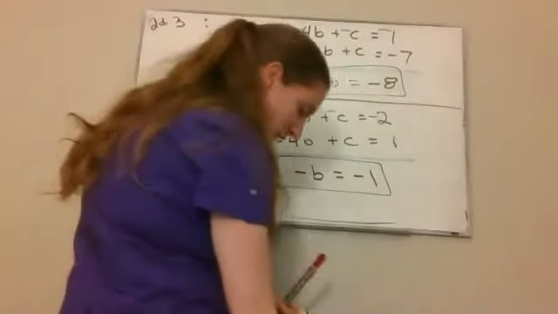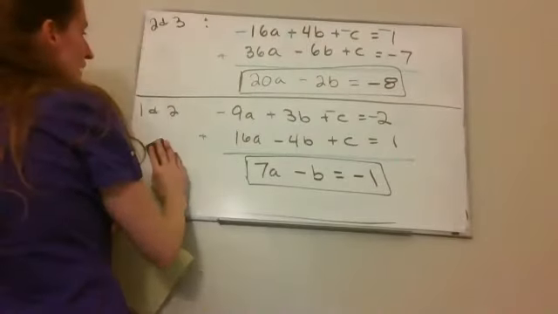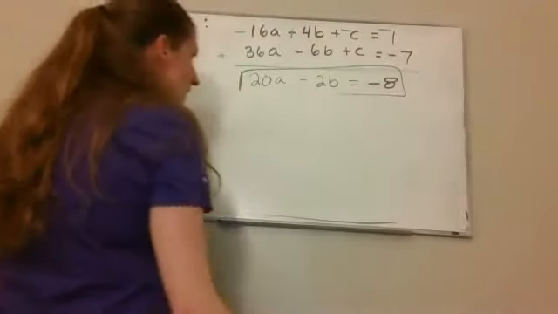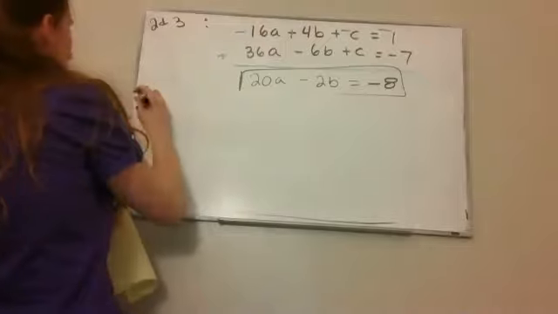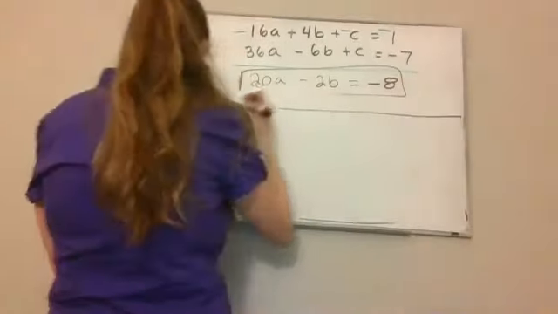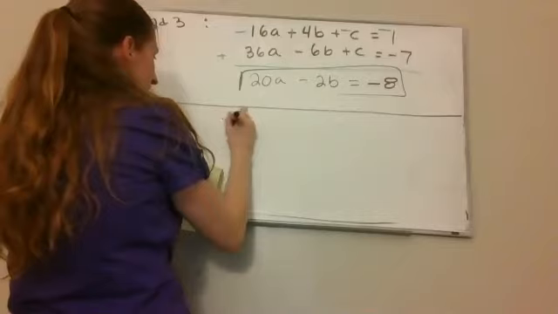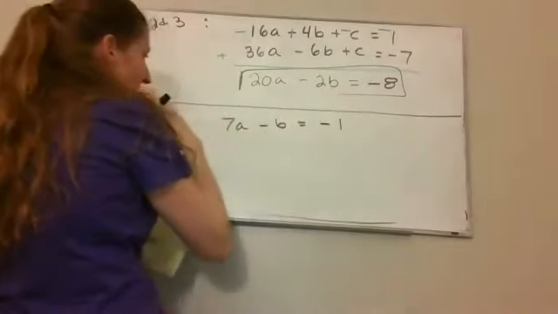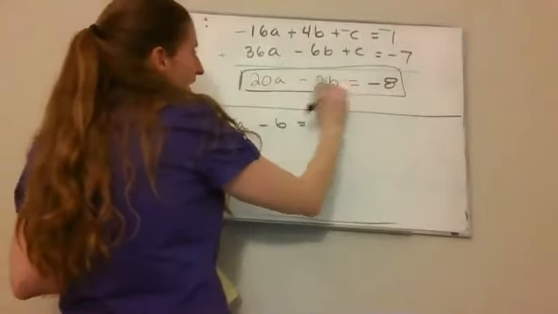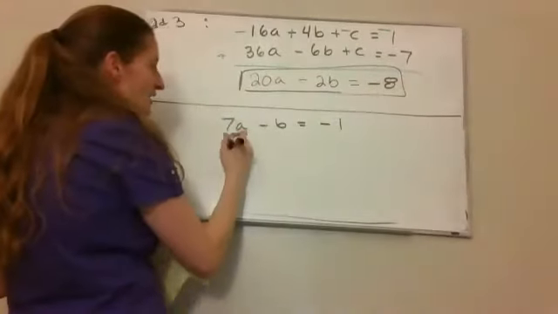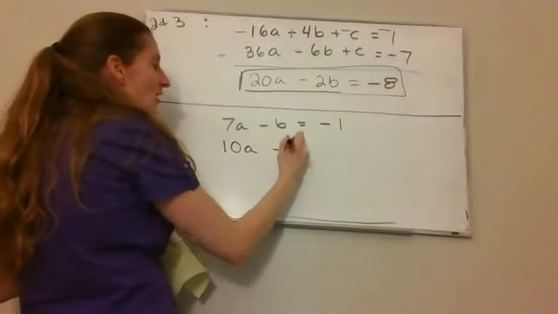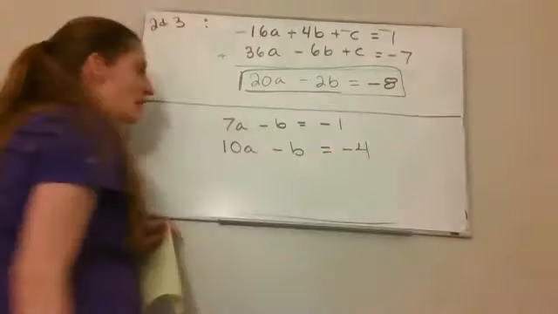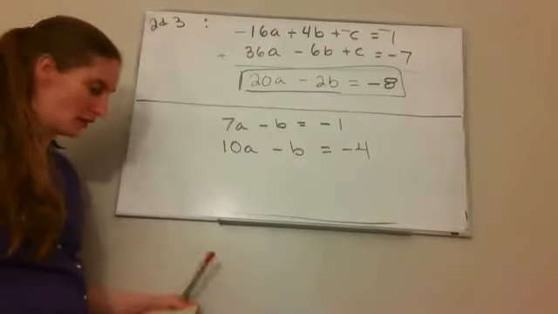And now I have a system of 2 equations in 2 variables. So my first equation was 7a minus b equals -1. My second equation is this 20a minus 2b equals -8. But I'm going to go ahead and divide all of that by 2, just to make my numbers smaller and easier to deal with.